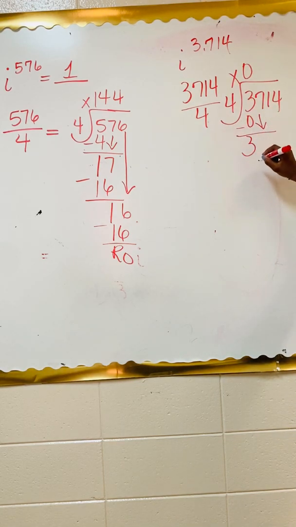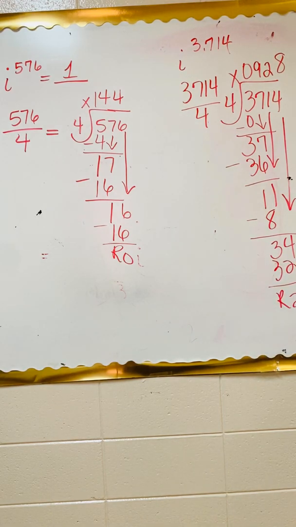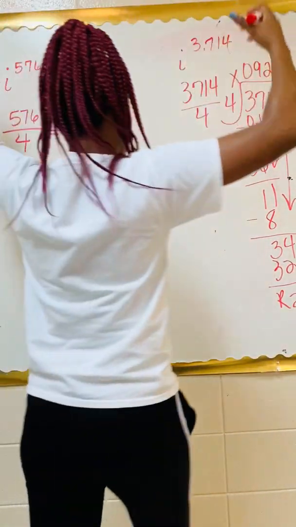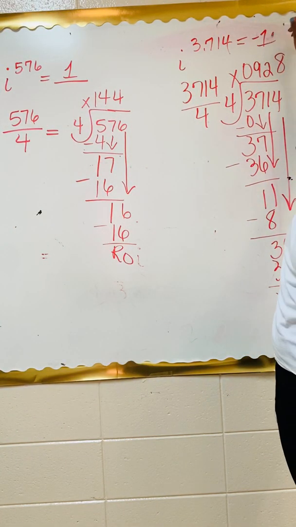Bring down your 7. 4 goes into 37 9 times, which gives us 36. Subtract, you get 1. Bring down this 1. 4 goes into 11 2 times, which gives you 8. 11 minus 8 is 3. Bring down your 4. 4 goes into 34 8 times, which is 32. And your remainder is 2. And what is that going to be equal to? If your remainder is 2, the answer is going to be -1.